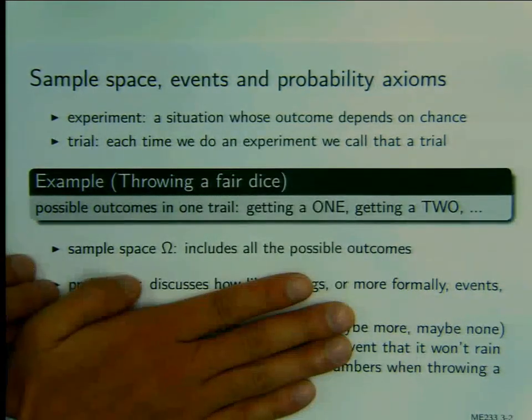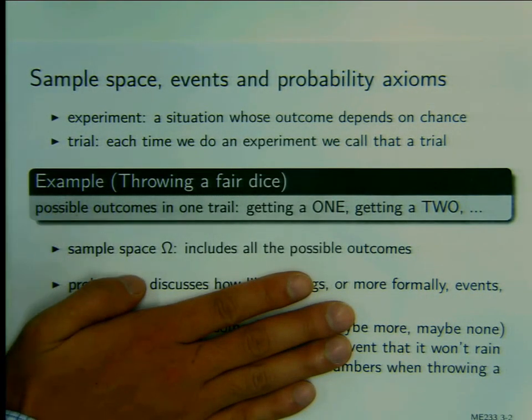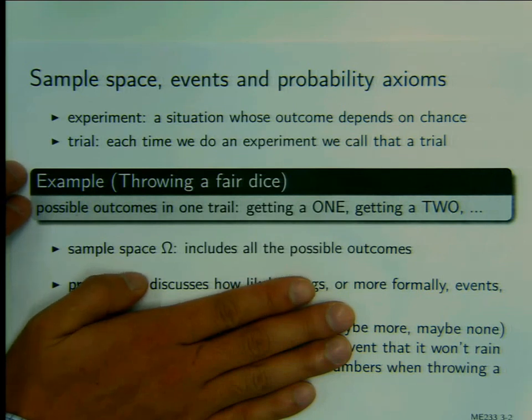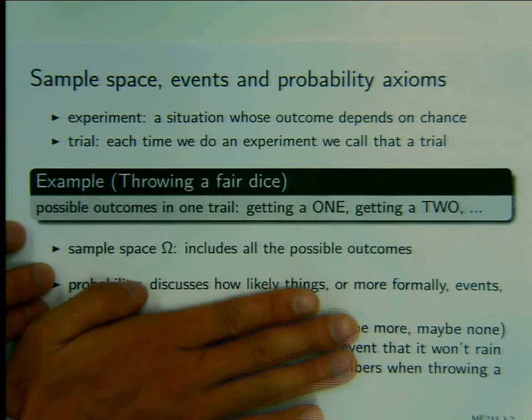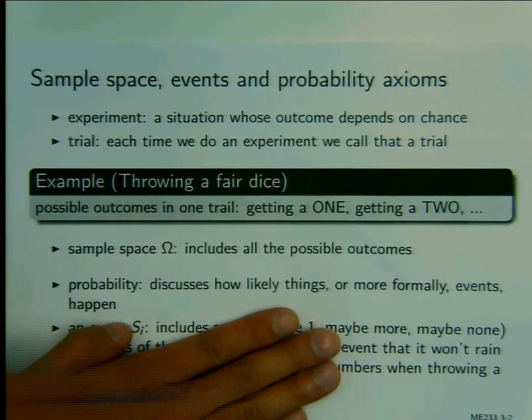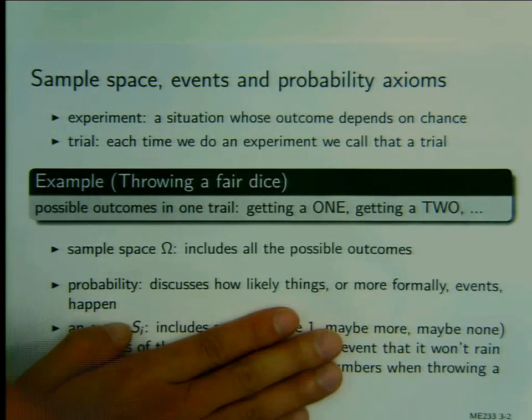So a sample space, in this case, is a summary of all the possible outcomes. What will be, for example, the sample space for throwing a fair dice? So either I get a 1, 2, 3, 4, 5, or 6. So that's the sample space over there, right? So probability is just a discussion of how likely these things or events happen.